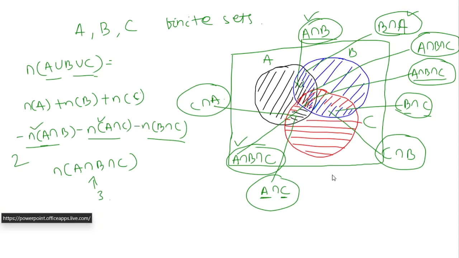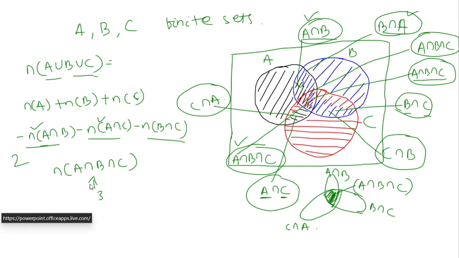But here comes another problem. Let me zoom into this part. This middle part is A intersection B intersection C. So if I subtract A intersection B, B intersection C and C intersection A one time, then what I am doing here is excluding A intersection B intersection C 3 times.